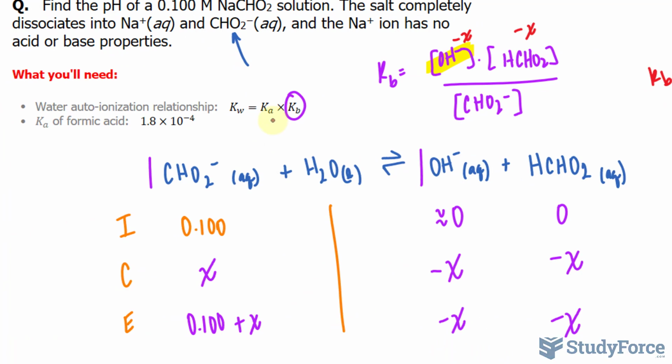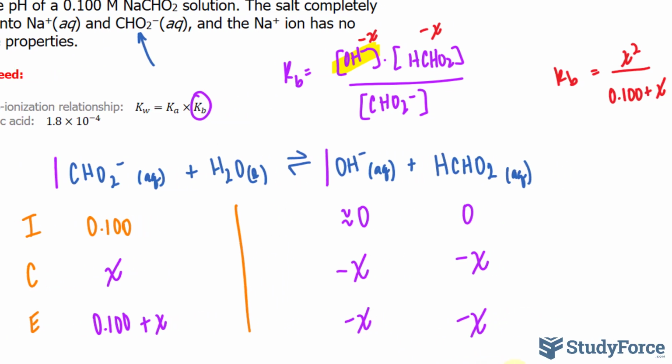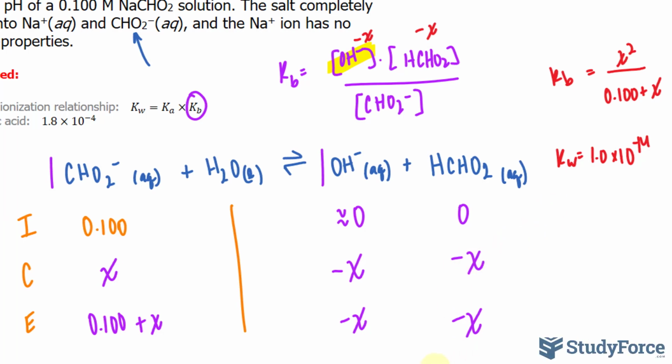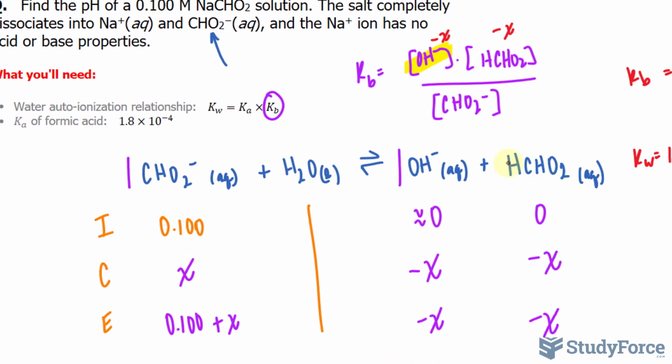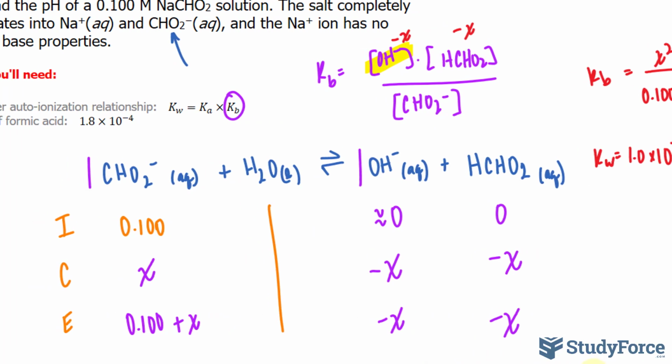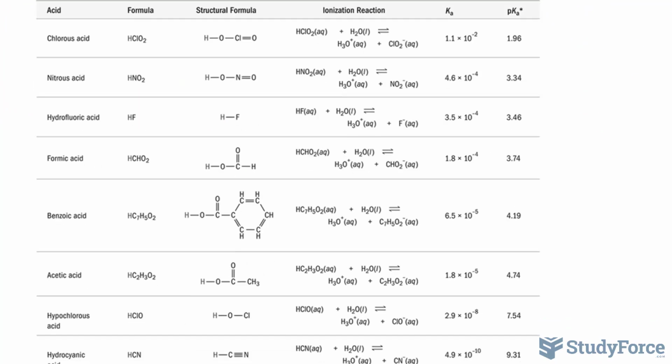In fact, Kw from previous lessons we learned is 1.0 times 10 to the power of negative 14. And since we have formed formic acid, we can use its Ka as 1.8 times 10 to the power of negative 4. That can actually be found in a table in your textbook.